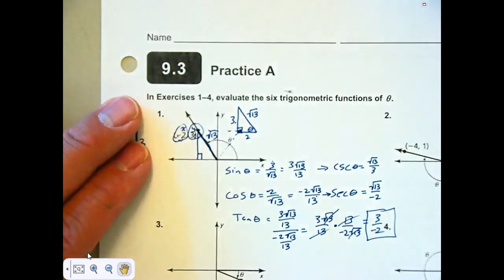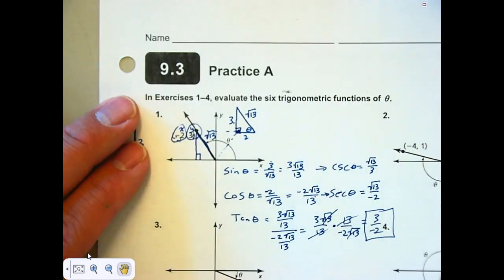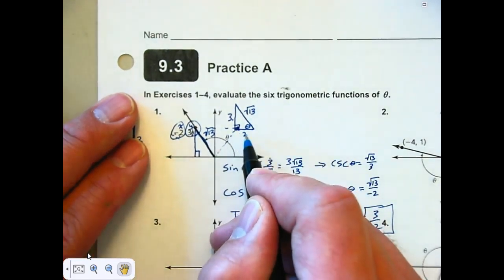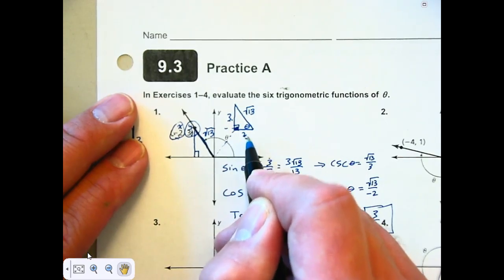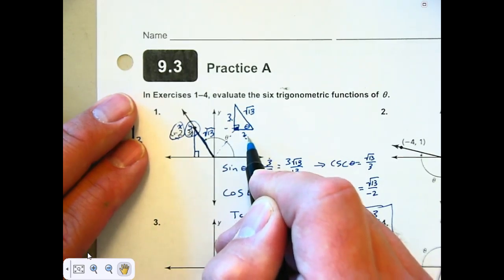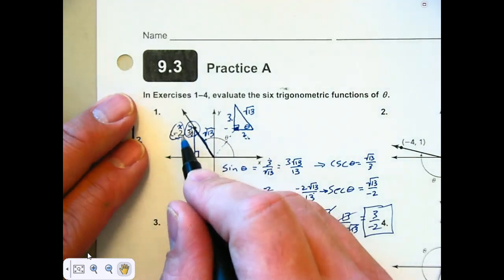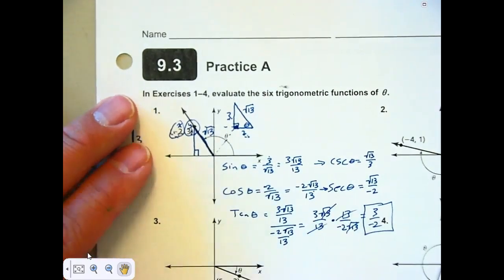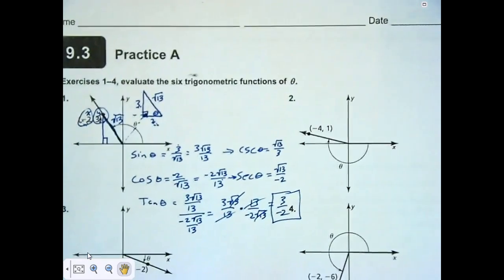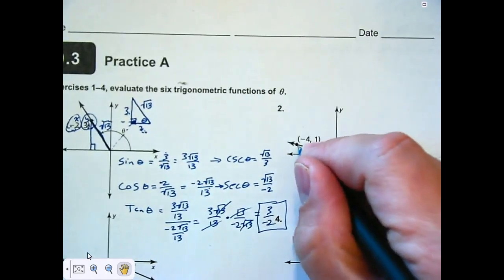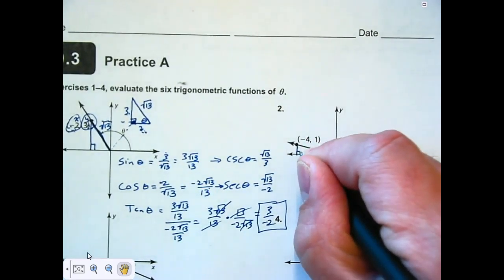Yes? Yeah, you could. You could also do it that way. You guys, hey, the other route is to look at your triangle, say it's opposite over adjacent. However, remember, this should be a -2 then. Okay? You've got to think of that as y over x. Yes? Right there. That's it.